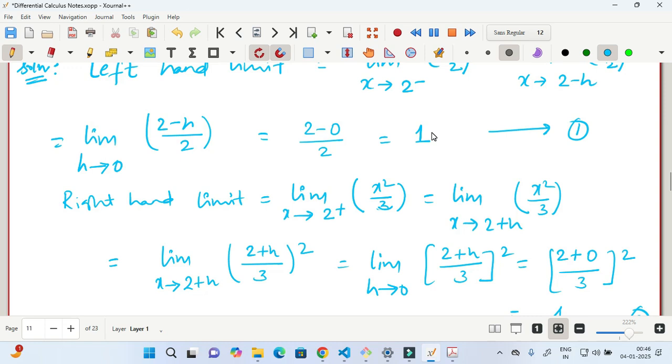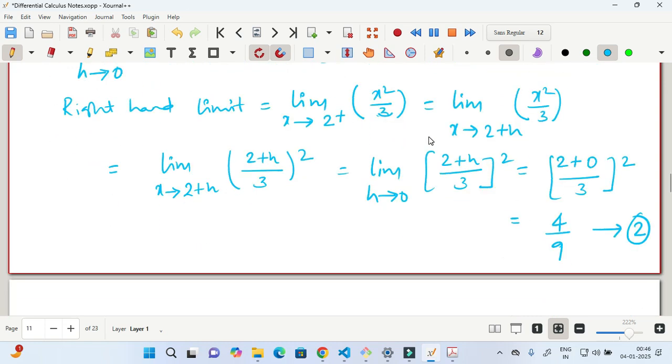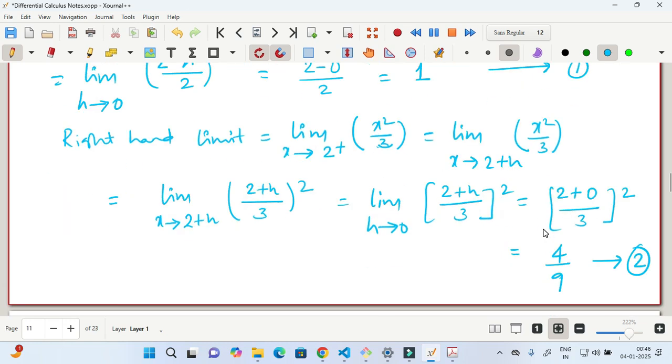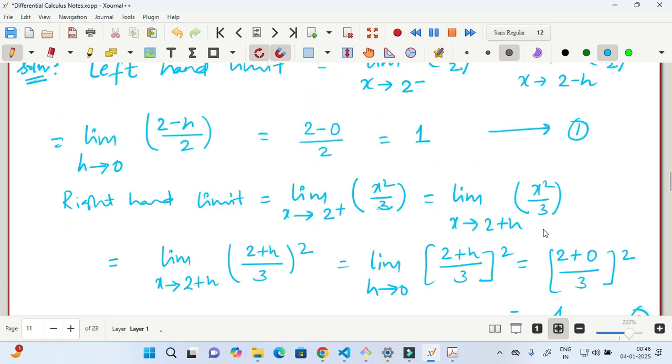First equation is what? 1. So the first one is 1 and the second one is 4 by 9. So the left hand limit is 1 and the right hand limit is 4 by 9. So both are unequal. So will the limit exist at that point or not? Yes, it doesn't exist at the point x is equals to 2.